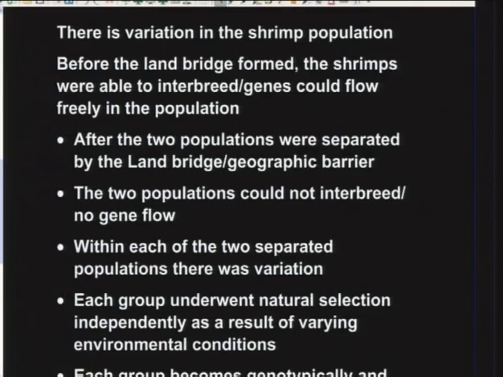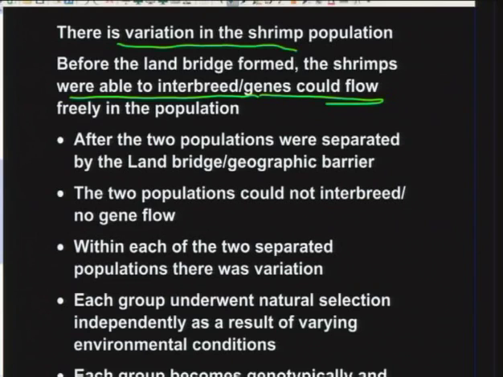Always, we start with this sentence: there is variation in the species, in the population. Before the land bridge formed, probably, the shrimps were able to interbreed. When they were not separated, they were allowed to interbreed, or we could say gene flow took place, same thing, in that population.